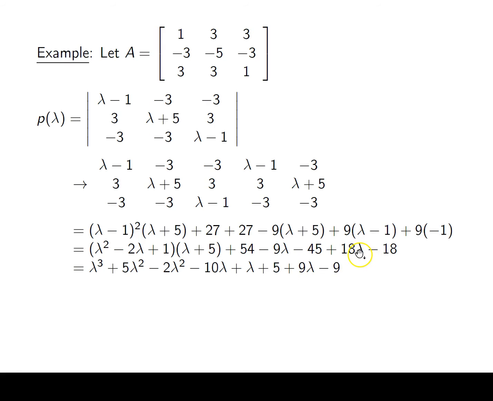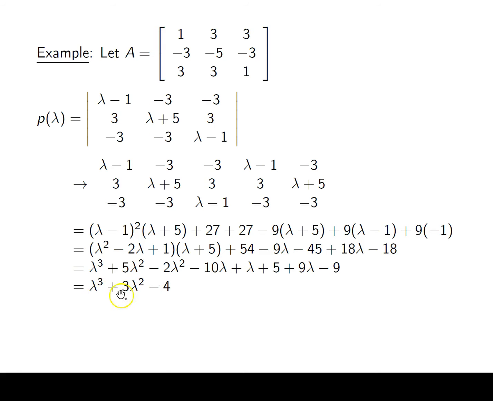You can see a negative 9 and a plus 18 is a positive 9, and then these things are a negative 9, because these are 9 away, and this is a minus 18. So you have plus 9 minus 18 is negative 9. Simplify that down. We have another cubic polynomial. This does not factor like if it was a lambda right here. There is a missing lambda term.